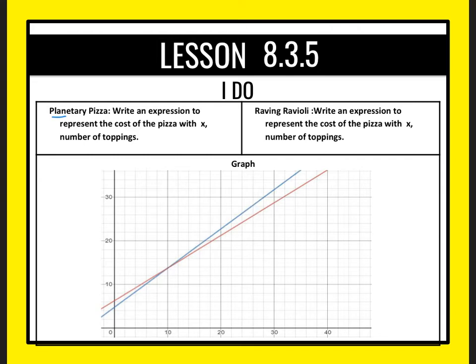So I can see from my graph, here's Planetary, let me use my red, that's Planetary Pizza, right? Because the cost was higher. Look at it on your graph. This is really neat, right? So I'm going by an interval of $2, $4, $6, $8, and $10. So I can see here that Planetary Pizza costs a little bit more with 0 toppings.